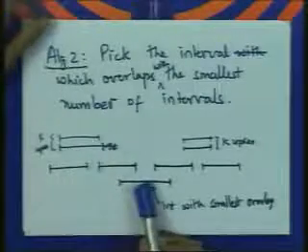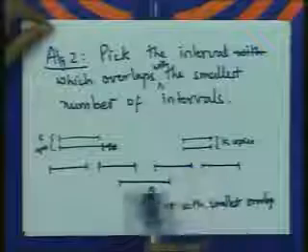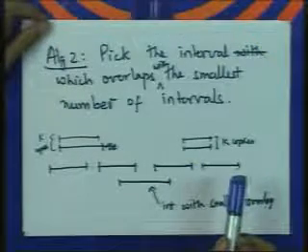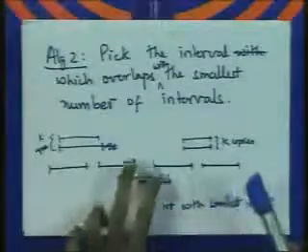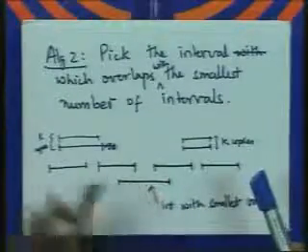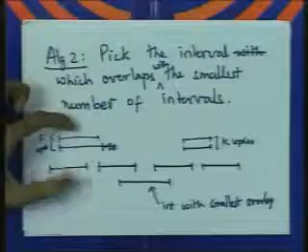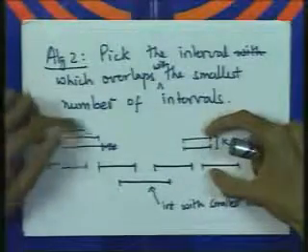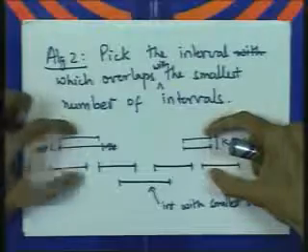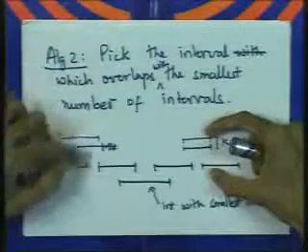When I pick this, I'll throw away these 2 because they overlap with this. So imagine that these 3 intervals have gone. I am left with these intervals on this side and these intervals on this side. I can pick only one of these, since all of them pairwise overlap, and only one of these.